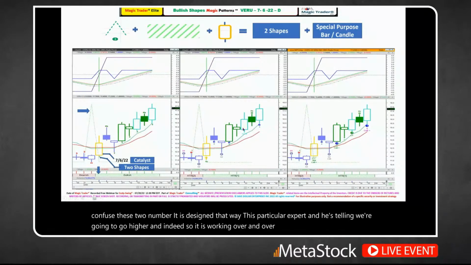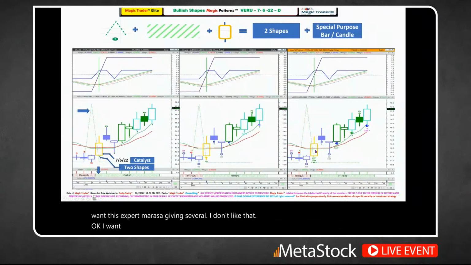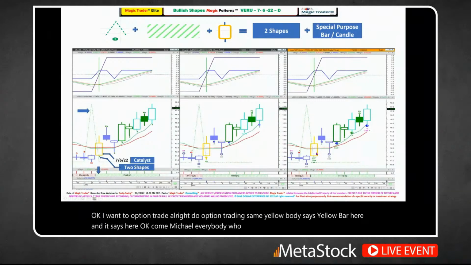All right, I don't want this expert giving several experts. I don't like that. Okay, I want to option trade. All right, do option trading. Same yellow bar, he says yellow bar here, and he says here, okay, buy call. Everybody who trades options, how much time do you spend? Almost none.